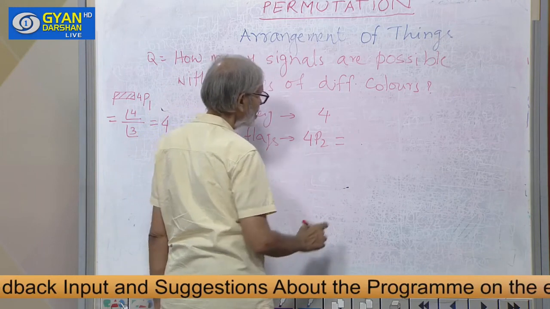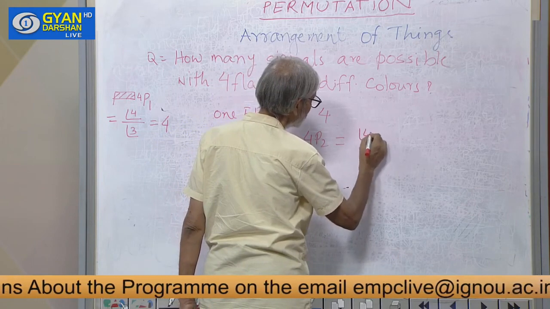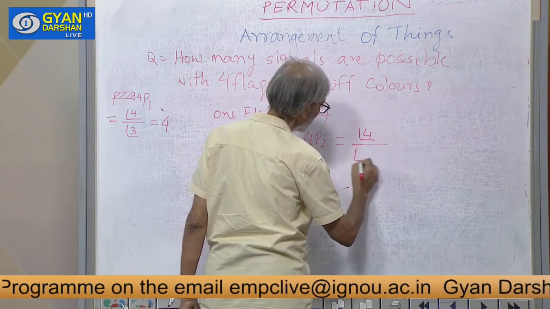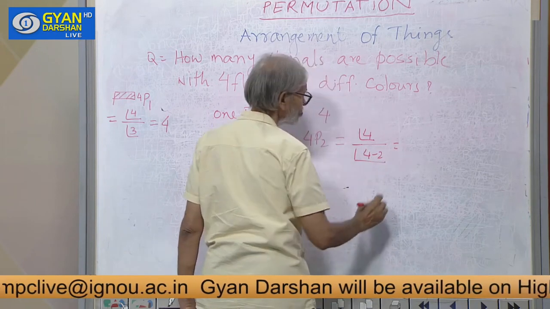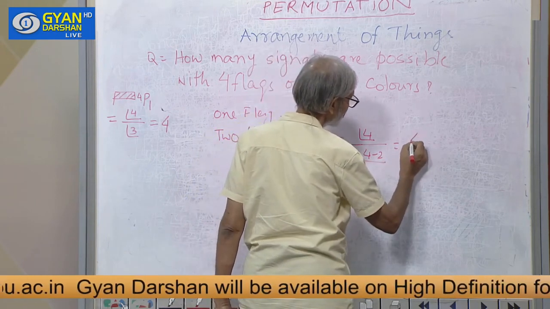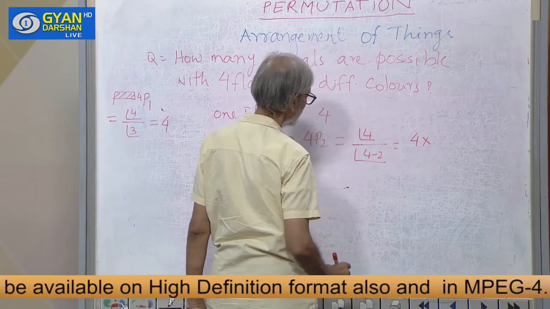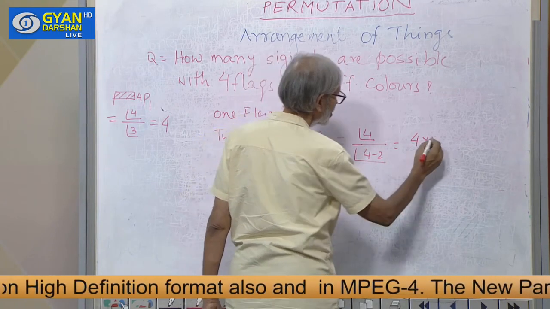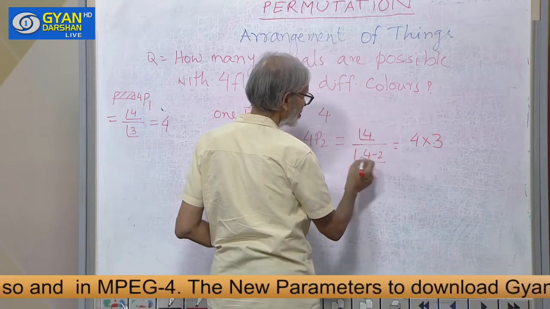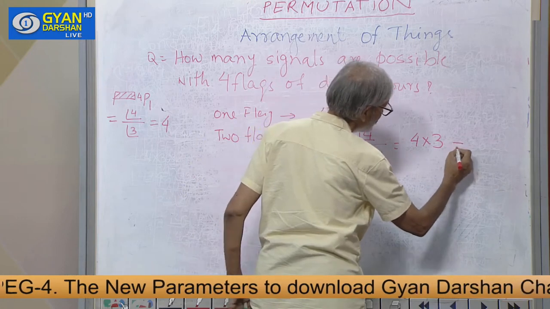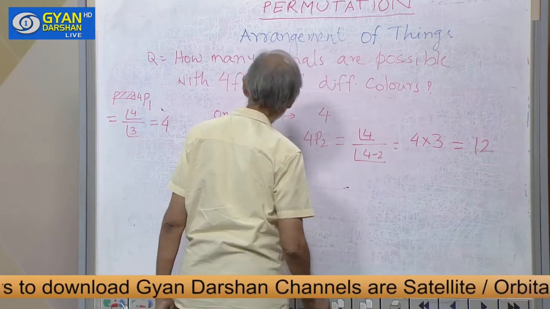By writing the formula, it will be equal to factorial 4 divided by factorial 4 minus 2. So it will be 4 into 3 and factorial 2 will go. So it will be 12, not 24, it will be 12.